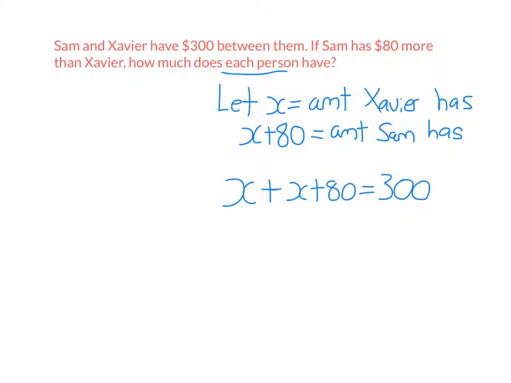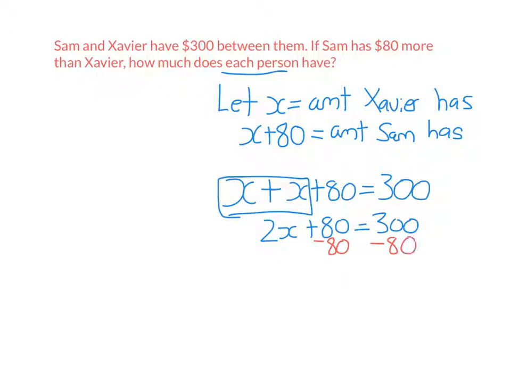So firstly, to solve it, we have some x's in more than one spot. We need to simplify this. x plus x is 2x. And that's all the hard work done. Once we get 2x plus 80 equals 300, you know how to solve from here. All we need to do is subtract 80 from both sides, and then divide each side by 2. So when we divide each side by 2, we get x equals 110.